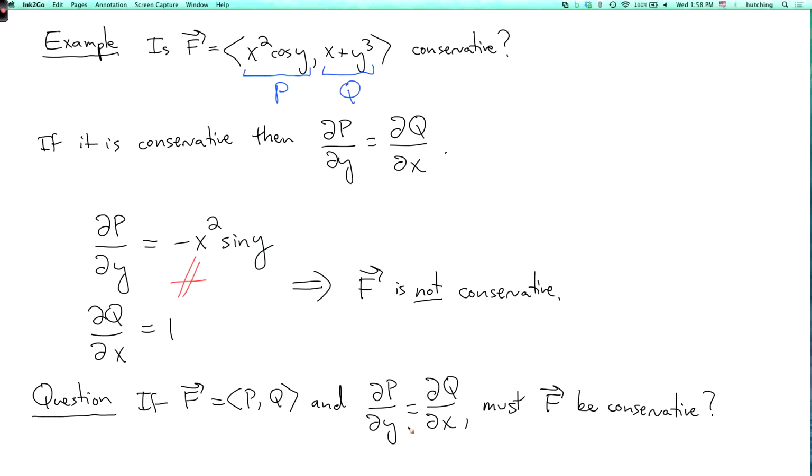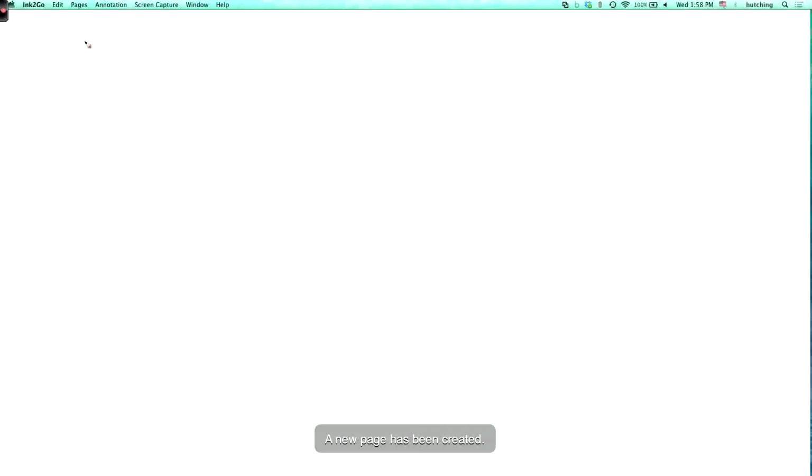So to clarify that, I need a definition. I'm not going to say this completely precisely. I'm just going to say the intuitive idea in words. That'll be good enough for this class. So a domain D in R2 is called simply connected if it contains no holes.